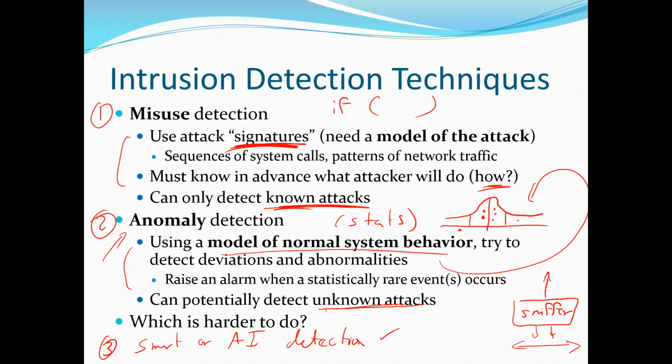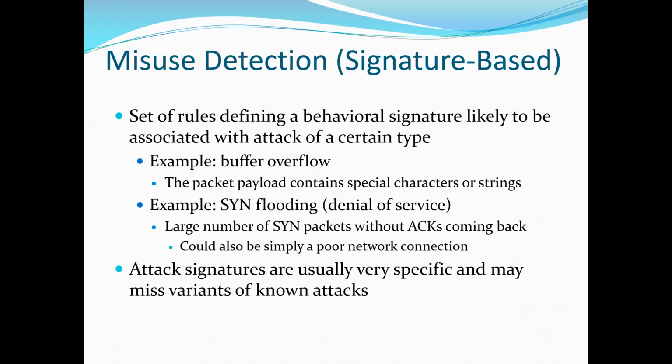So that's going to be misuse, anomaly, or even more advanced AI, smart, whatever you want to call it these days, but it's just more complex also. So we have to look at which one is harder of all of these.